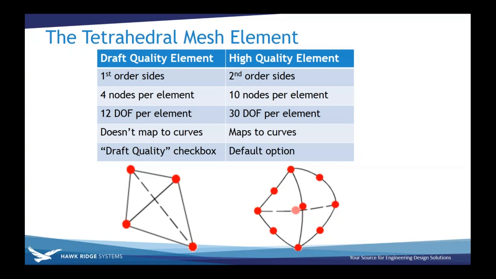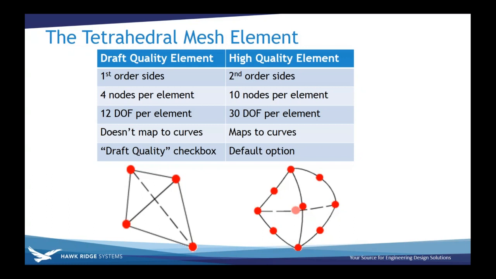If you've heard kind of FEA shorthand that tetrahedral elements overpredict stress and bending or underpredict different things, most of the time that tetrahedral element that's being referred to there is a first order element like this draft quality element. To be honest, they're pretty bad.